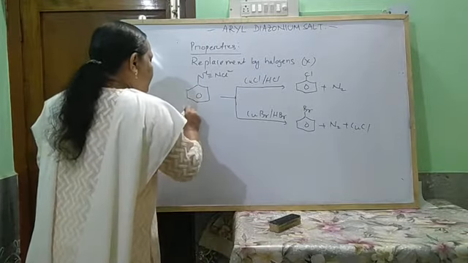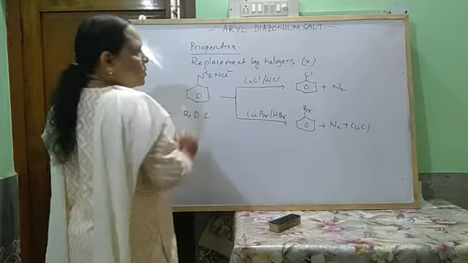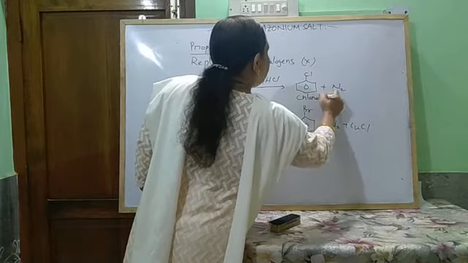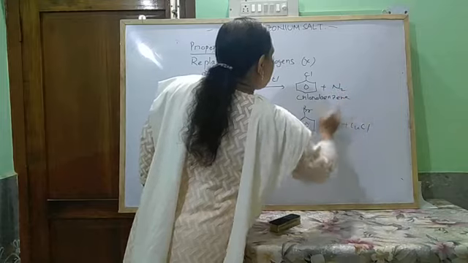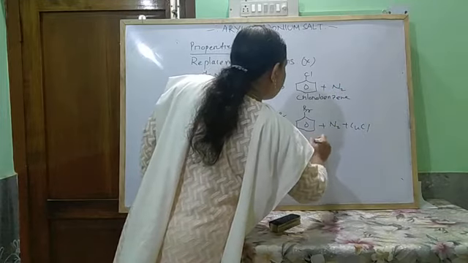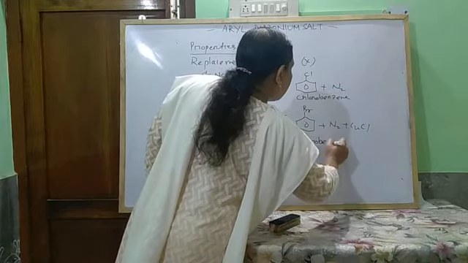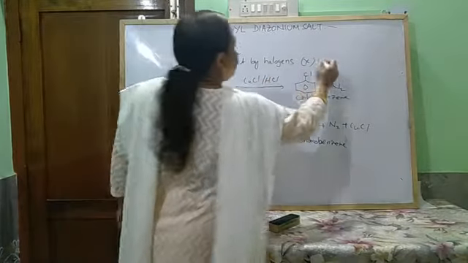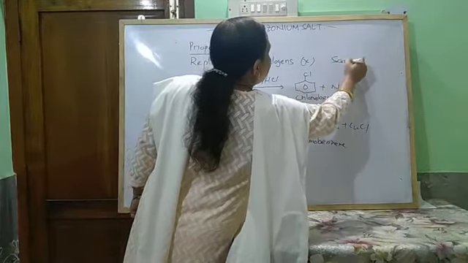So this is benzene diazonium chloride. It forms chlorobenzene and bromobenzene. You know this already, I think; this reaction is known as Sandmeyer's reaction.